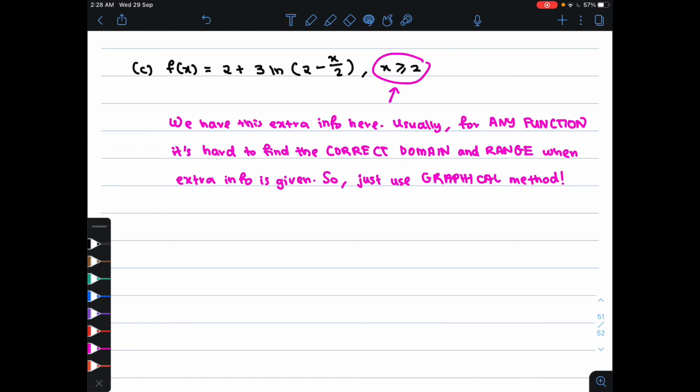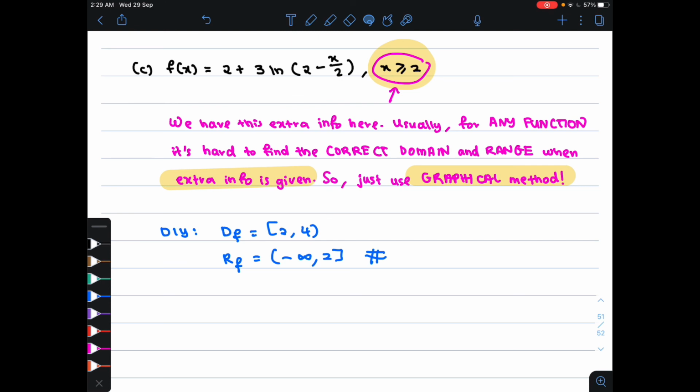But since we have this extra information which is x more or equal to 2, usually for any function, it's hard to find the correct domain and range when extra info is given. So, never ever use the algebraic method. Straightforward, just use graphical method to find the domain and range. So, the moment kamu ada extra condition kat belakang ni, terus guna graphical method sahaja.